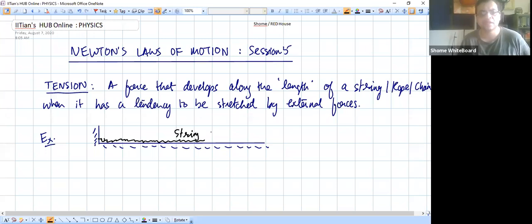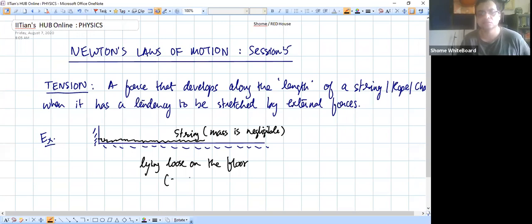Very light, so its mass is negligible. Now, initially the string is lying loose on the floor with one end attached to the wall.